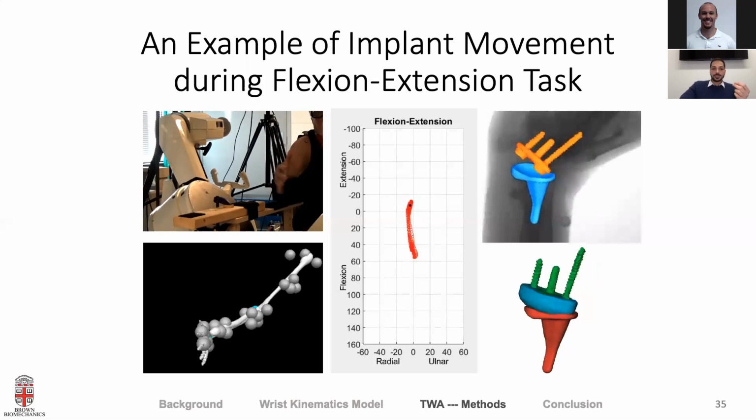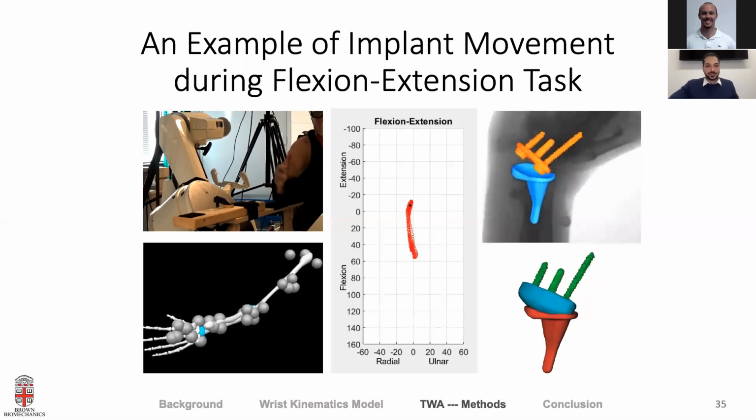And on the bottom right, you see that mathematically we fix the radial component, because we want to look at the motion of the carpal component. And at the bottom left, you see the optical motion capture data. We captured those data to assess the soft tissue artifact. I'm not going to talk about it during this talk. And lastly, in the middle, you see the actual motion that the implant took in vivo.